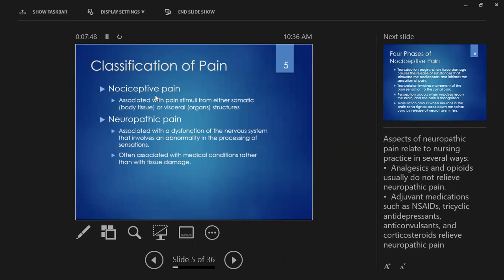So medical conditions can cause neuropathic pain. It is more likely that there is a medical condition causing neuropathic pain than a tissue issue causing neuropathic pain. Can you give me an example of a disease process or medical condition that might cause neuropathic pain? Is this like when someone gets their leg amputated and they have the phantom pain sometimes? Phantom pain can be neuropathic in nature.